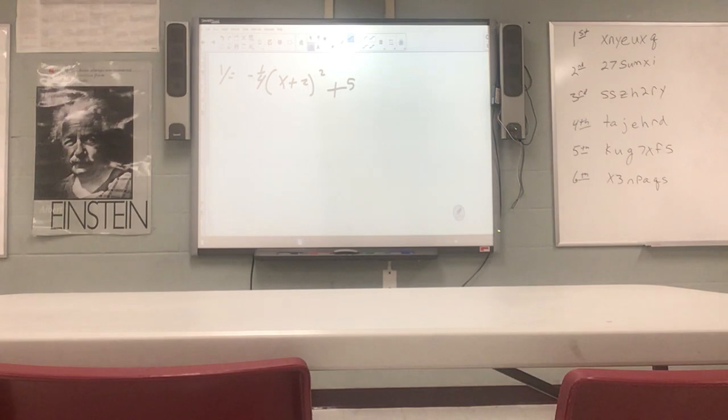So if we're in vertex form, it's telling us what the vertex is. So remember, your vertex is the h comma k, but the h, the one that goes first, has the opposite sign. So we have a positive 2 where that h is. So what are we going to put over here? Negative 2. And then the k, the last part of the vertex, is what's stuck on the end, and it keeps the correct sign.